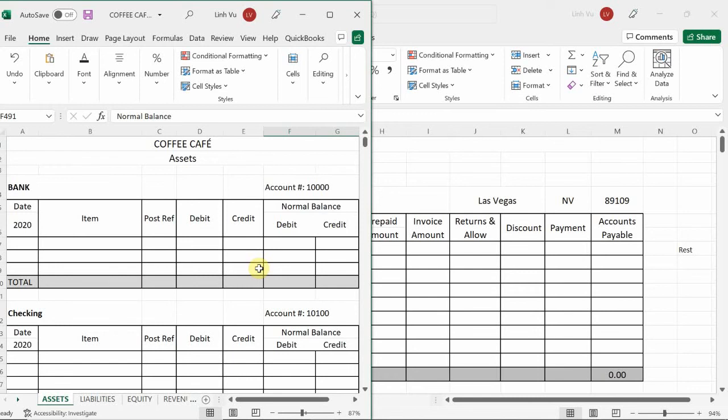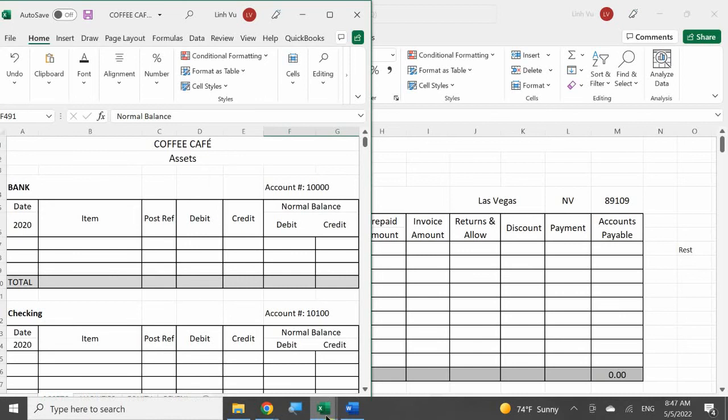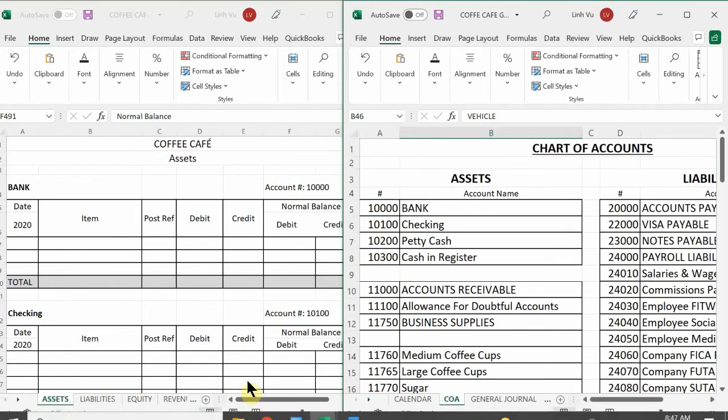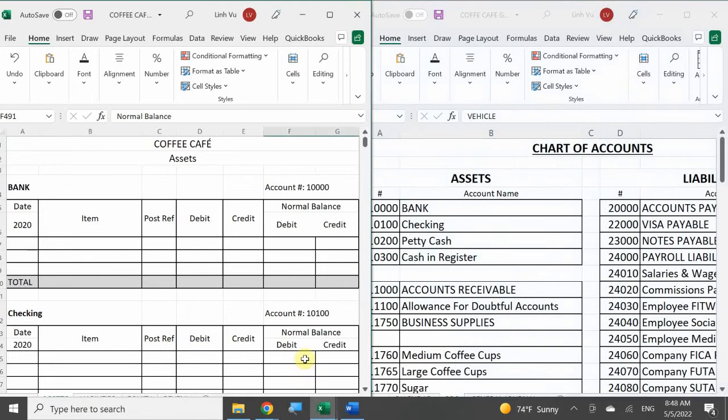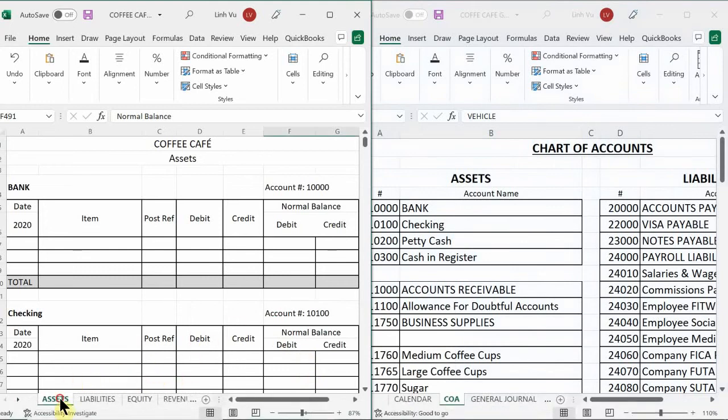Now, another key thing is your checking account is one of those ledgers. You should always have a good track record of your checking account. You need to know how much money you have in your bank at all times.